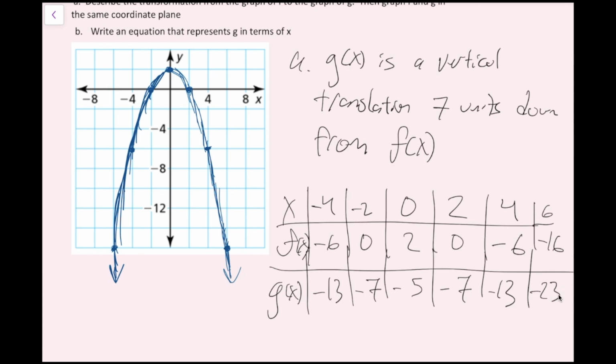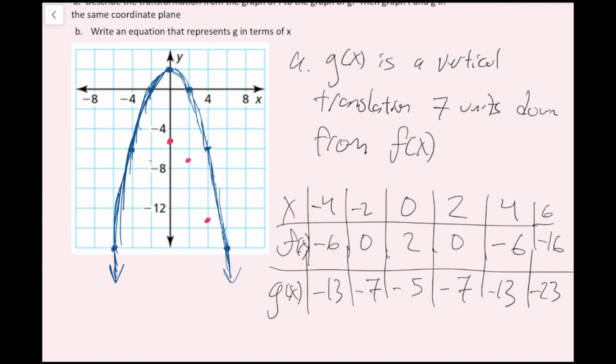Okay, now this is not going to fit on our graph, so I'll plot all these points. I'll do that in pink. So my new vertex is going to be the point 0, -5. So that'll be right here. Then I have 2, -7, so it'll be right here. And then I have the ordered pair 4, -13, which is right here.